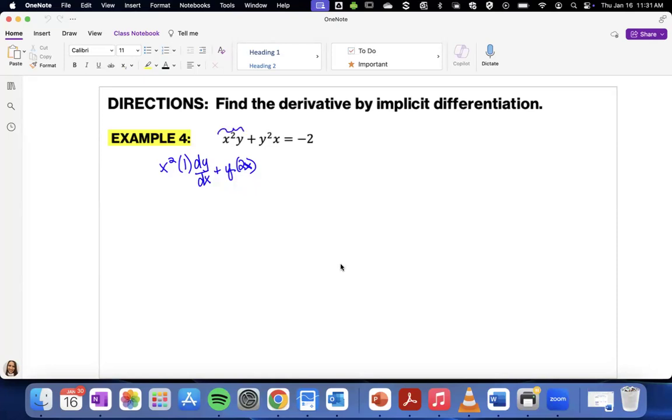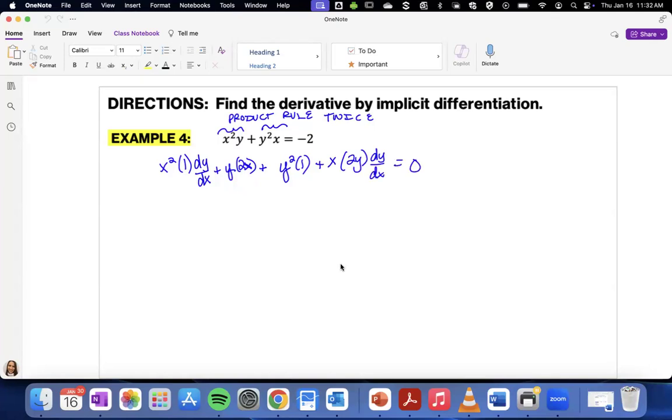Now we have to do product rule for the second one, which is going to be plus first D last, which is 1, plus last D first, 2y, need to write dy over dx equals 0.